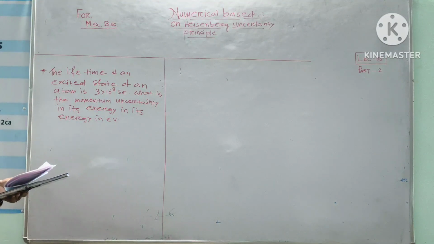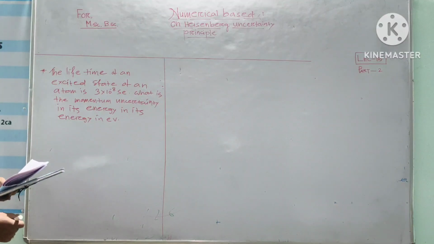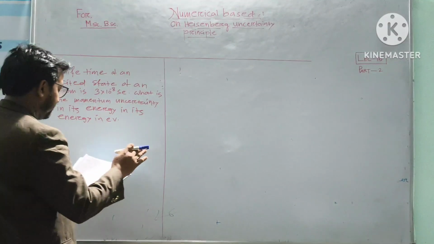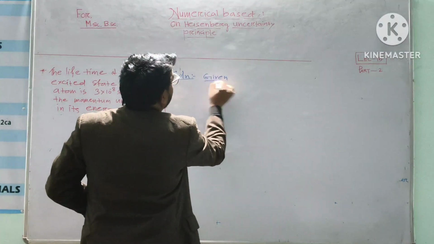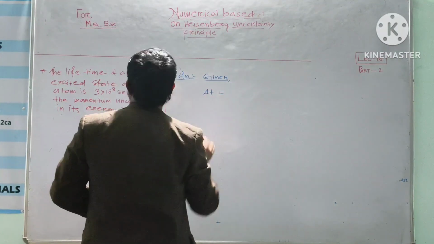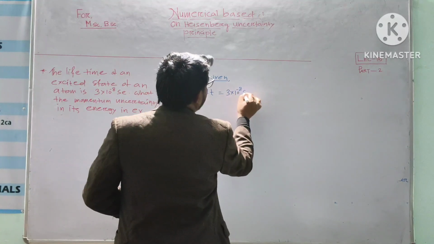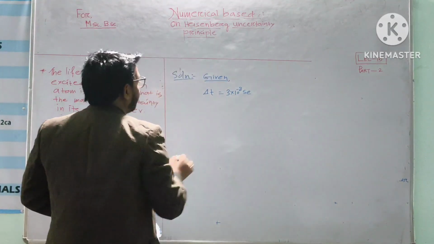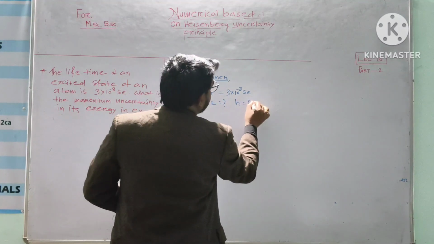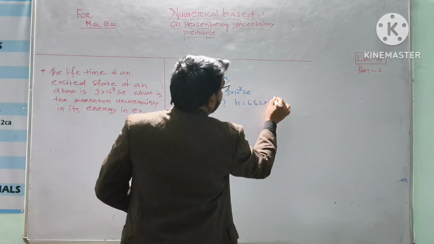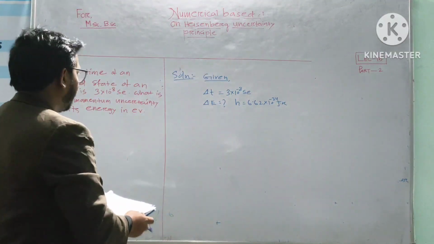Given the uncertainty in time, delta t equals 3 into 10 to the power minus 8 second, and delta E equals what? And Planck constant is 6.62 into 10 to the power minus 34 joule second.